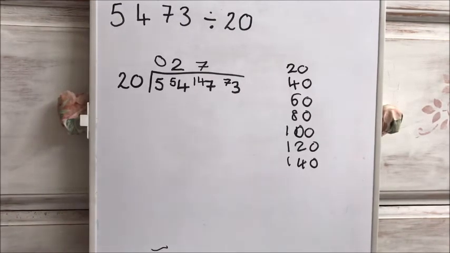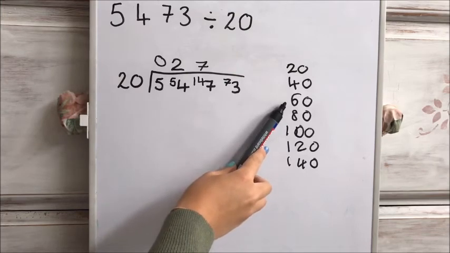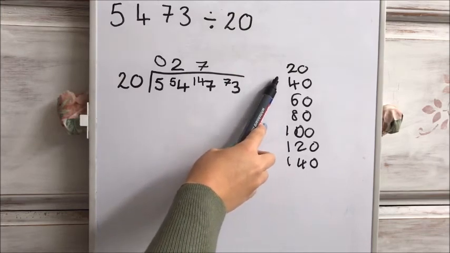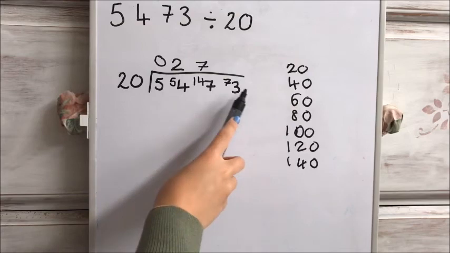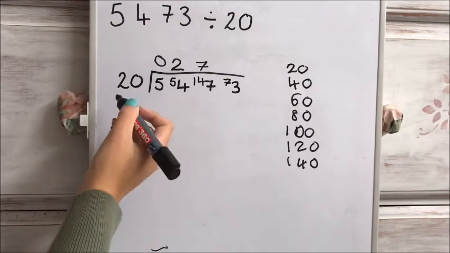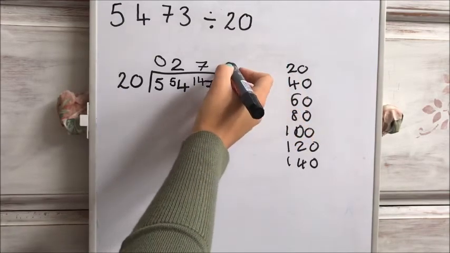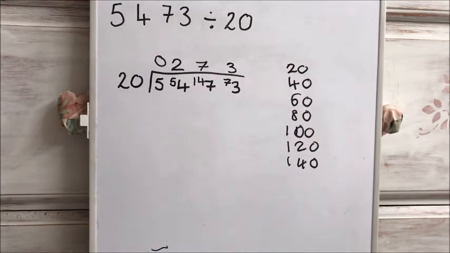We know that 60 is 20 times 3, so that will be a good one to use. We can't use 20 times 4 because 80 is bigger than 73. So we have to use 60. We know that 20 goes into 60 3 times, so we can write 3 up at the top.